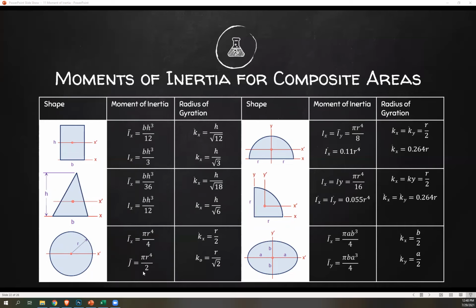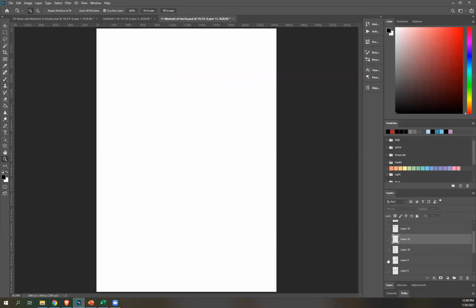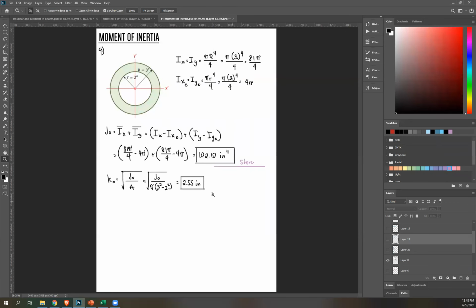And then you've noticed polar moment of inertia. Let's look at our example earlier. It's just the moment of inertia, right, times 2, since they're the same. Since we multiplied by 2, the 4 will cancel out.